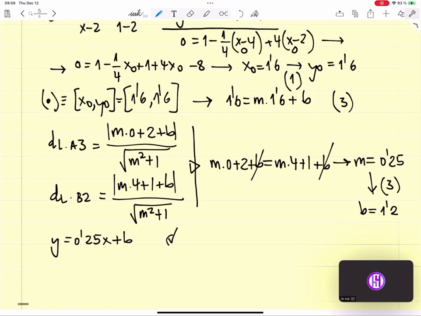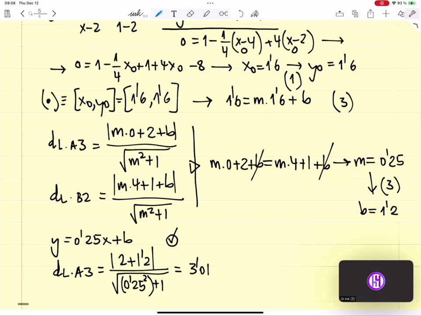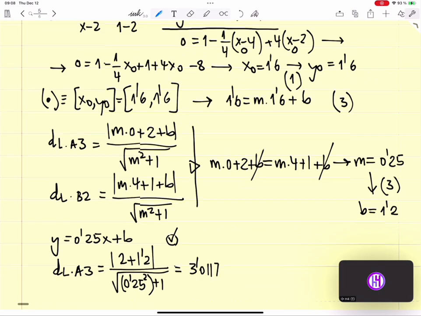That's the first answer. The distance that we're looking for, A3, equals 2 plus 1.2 in absolute value divided by square root of 0.25 squared plus 1. This equals 3.0117.